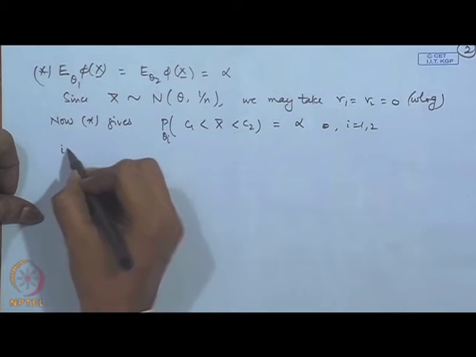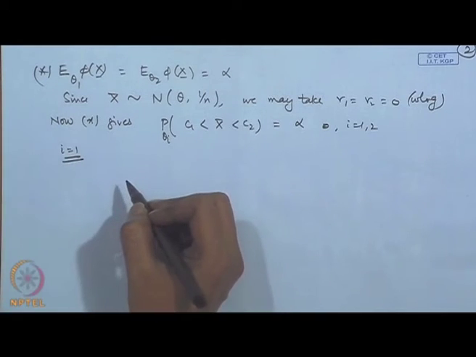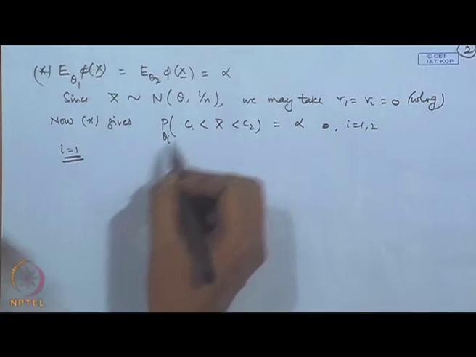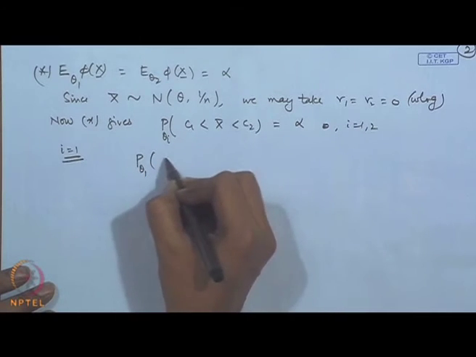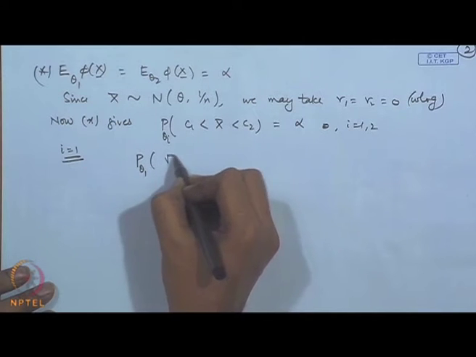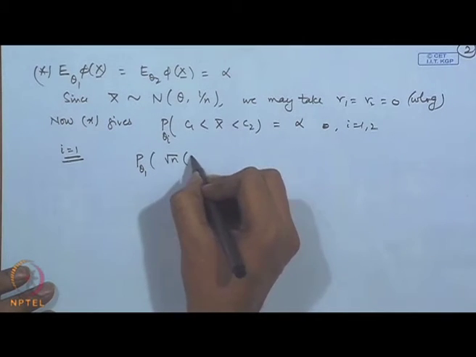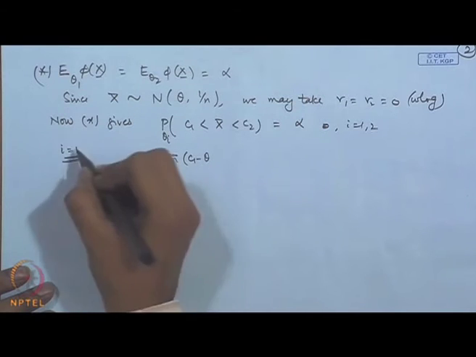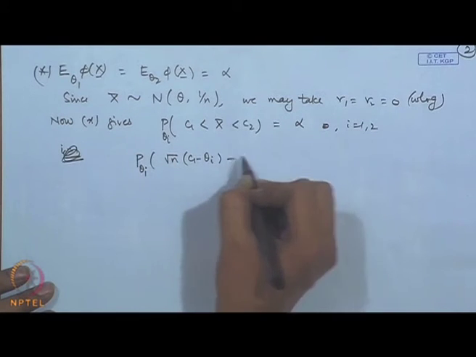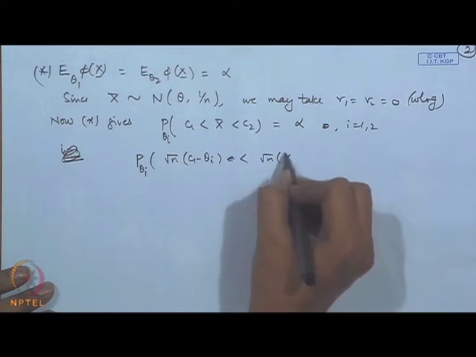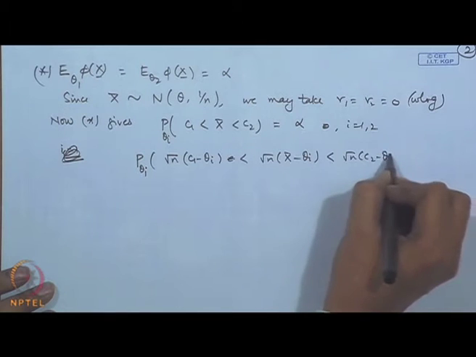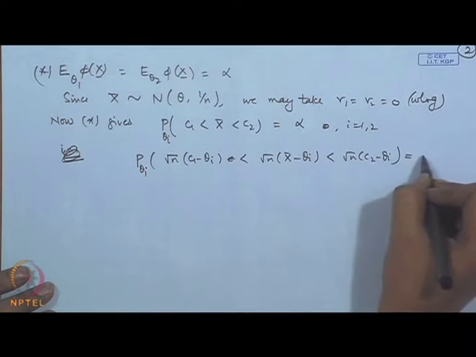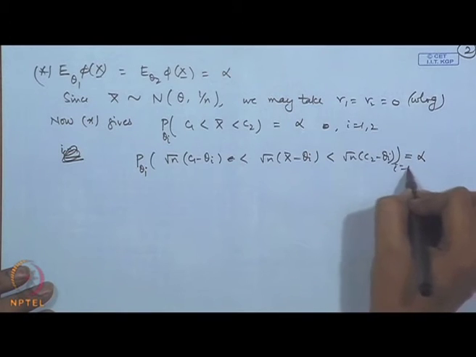So, for i equal to 1, this condition can be written by transferring to the standard normal variable. We get: root n (c1 minus theta i) less than root n (x bar minus theta i) less than root n (c2 minus theta i), with probability alpha, for i equal to 1, 2.